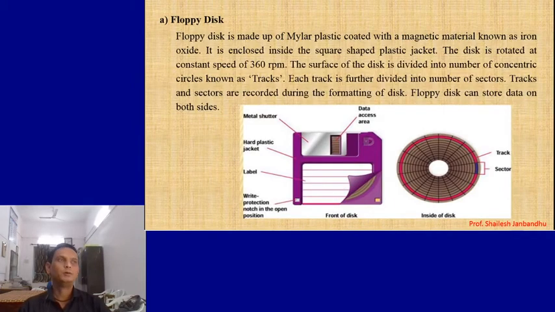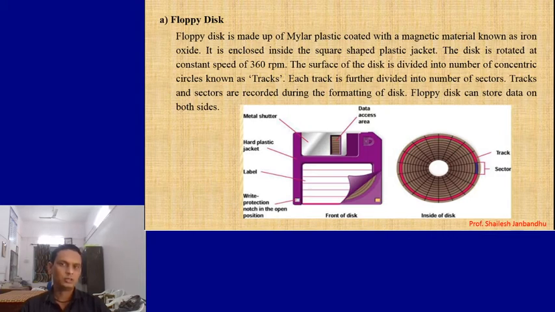The first type of storage is the floppy disk. The floppy disk is made of mylar plastic coated with a magnetic material known as iron oxide. In the figure, we see the picture of a floppy disk and the magnetic disk, which is made of iron oxide.